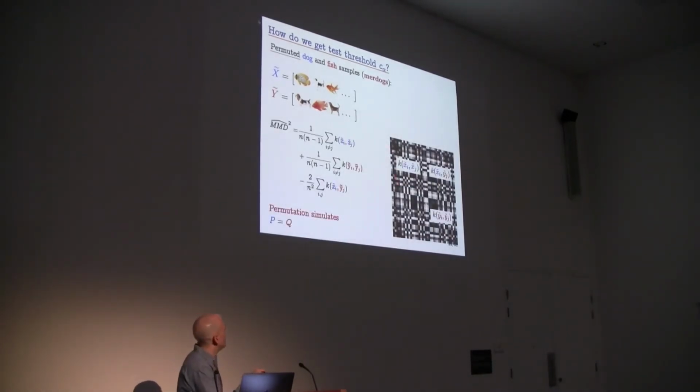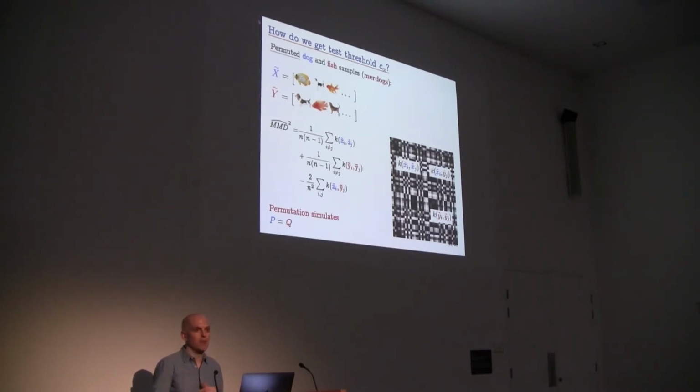Here is the matrix of kernel values between my x tilde, the scrambled fish and dogs, and my y tilde, the scrambled fish and dogs. In this case, you can see that these blocks are on average roughly the same as these off-diagonal blocks. This is good because we're able to simulate, using this permutation, the case where P and Q have the same distribution.